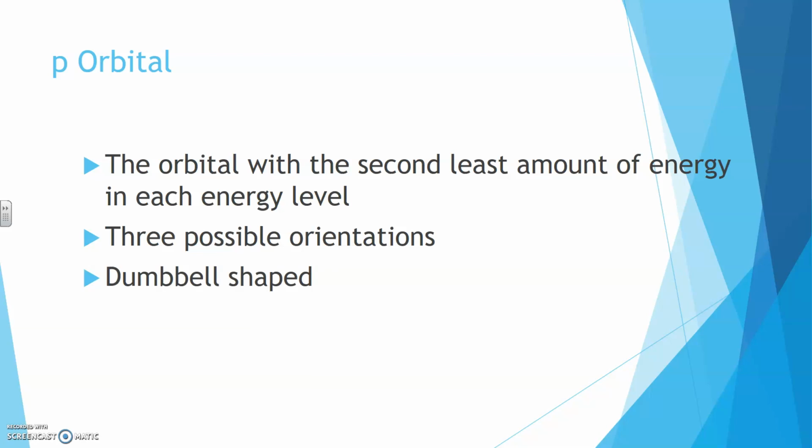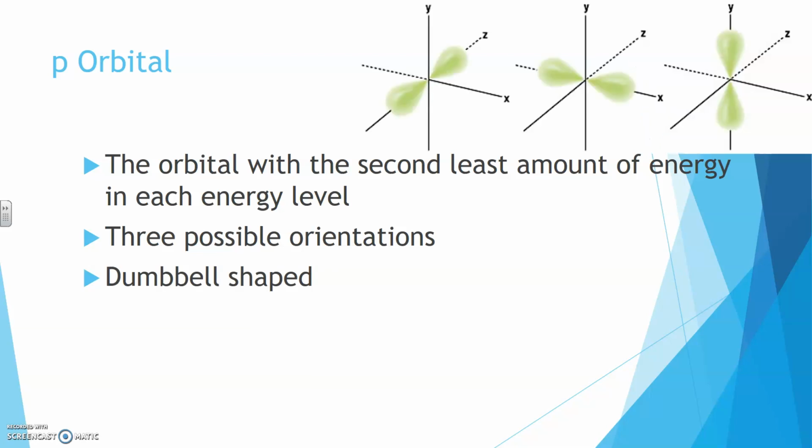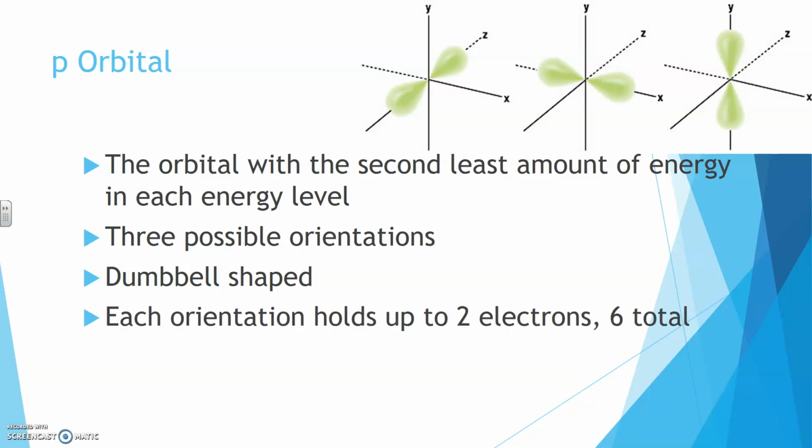P orbitals are what are known as dumbbell shaped, so it might be a little bit familiar. When I say there are 3 possible orientations, you're going to have one that lays out on the z-axis, one that lays out on the x-axis, and one that lays out on the y-axis. Again, each orientation holds up to 2 electrons, so there are 6 total.